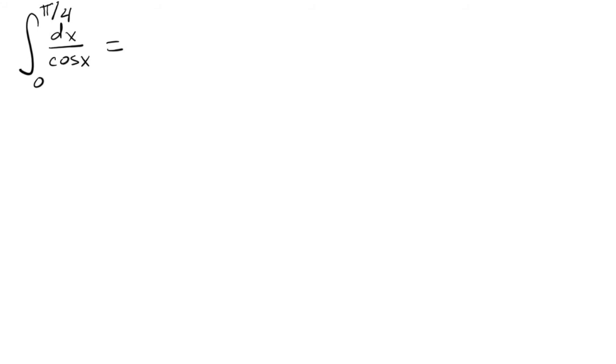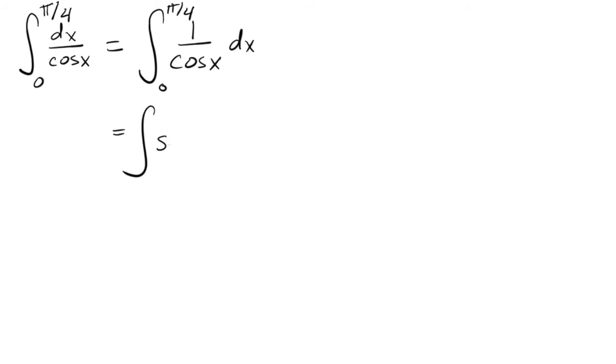Okay, so for this integral, it doesn't seem like anything too obvious right now, but you notice that dx over x, this is the same as 1 over cosine of x dx from 0 to pi over 4. And 1 over cosine, well, that's just secant of x.